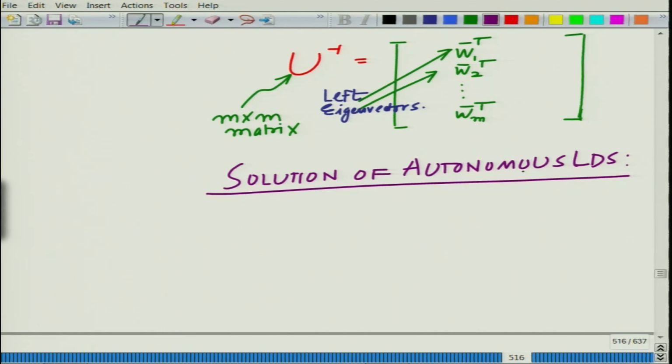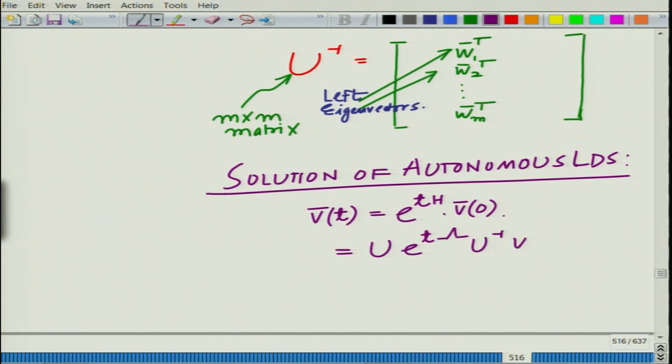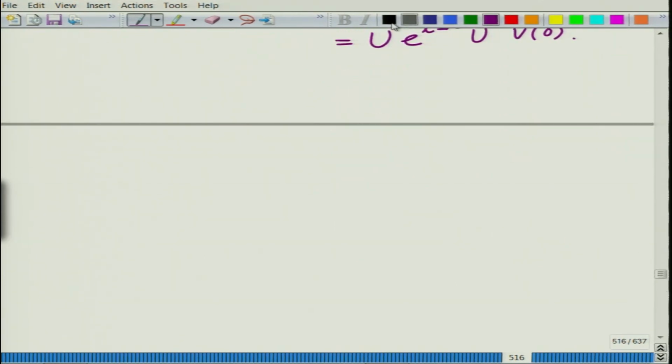The solution of the autonomous LDS is, remember, v bar t equals e raised to the power of tH times v bar 0. Now we can write this as U e raised to the power of t lambda, where lambda is the diagonal matrix of eigenvalues, times U inverse times v bar 0.